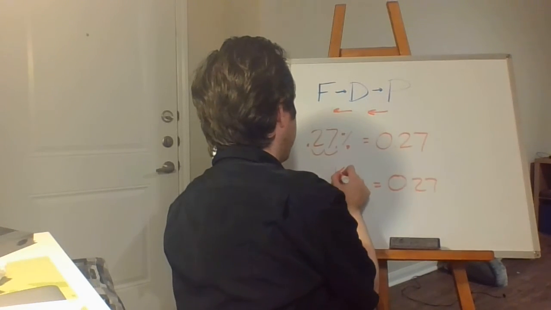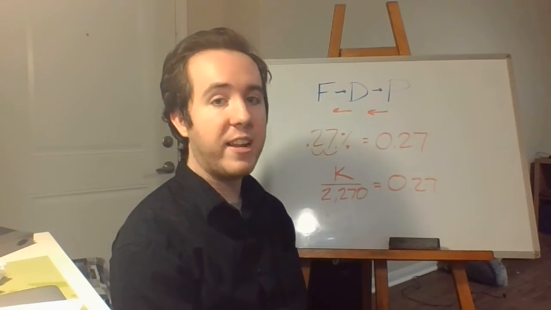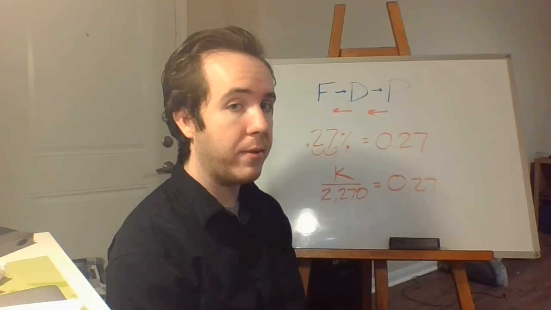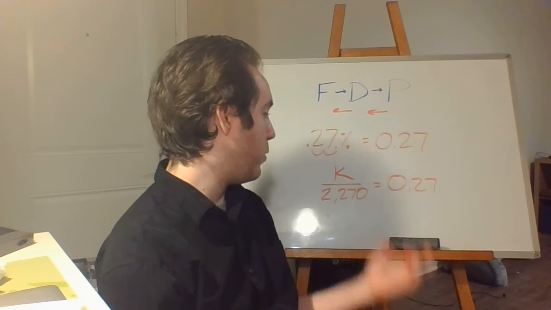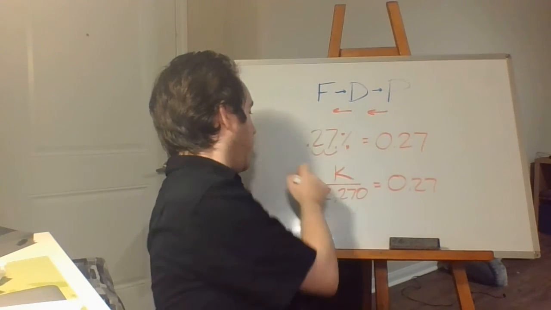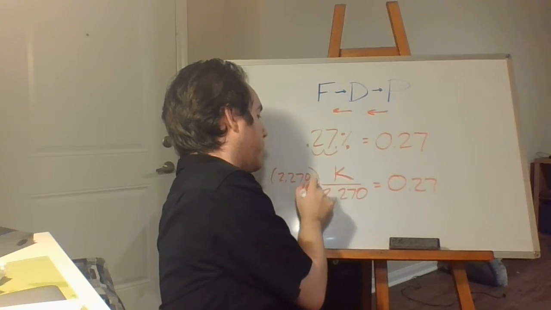So if we want to find k on its own, we have to get k by itself. Now currently k is being divided by 2,270. And to get the 2,270 away, we must perform the opposite operation, which is multiplication.